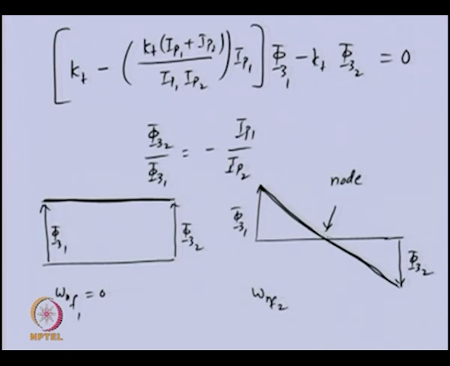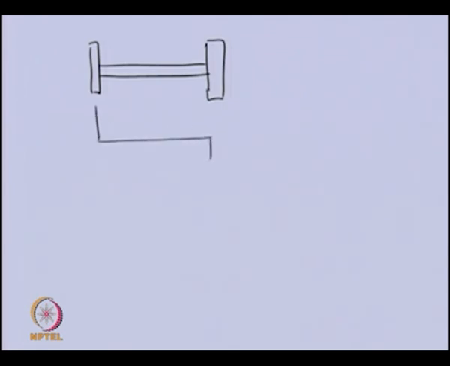Let us see that particular equivalent concept. The 2 disc rotor system which is there with us. In this case, when we are drawing the mode shape, depending upon the stiffness and the polar moment of inertia of the disc, we will have the node at some intermediate position, not necessarily at the midpoint of the shaft.